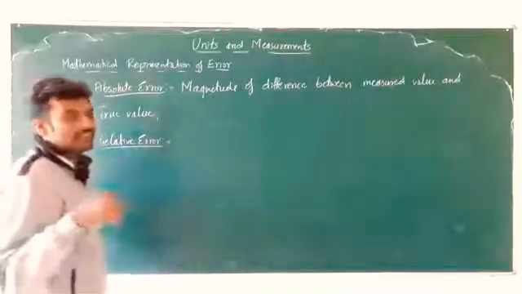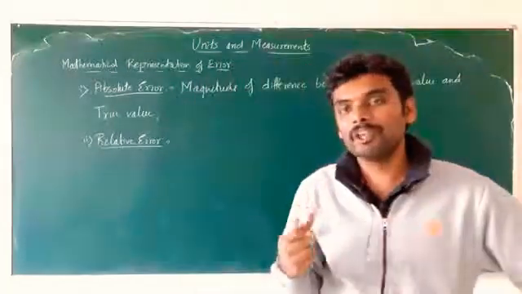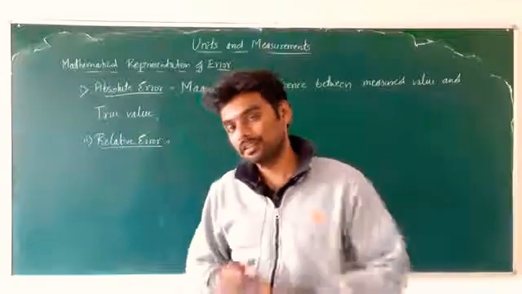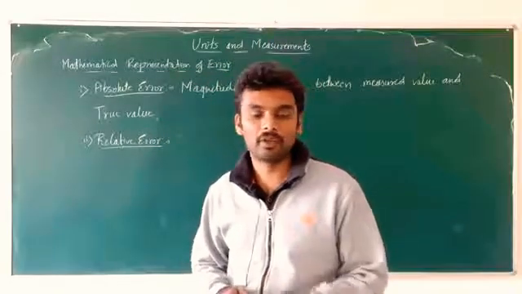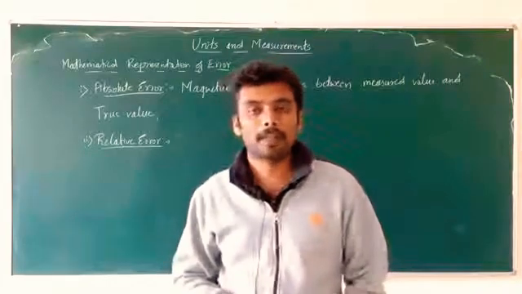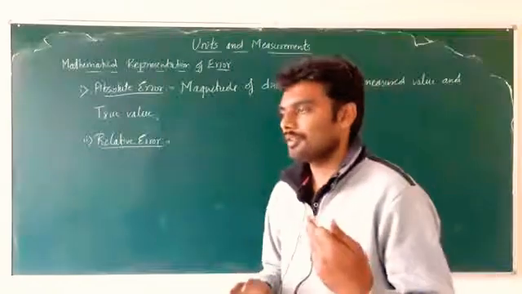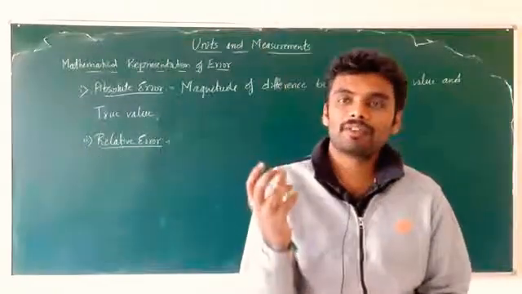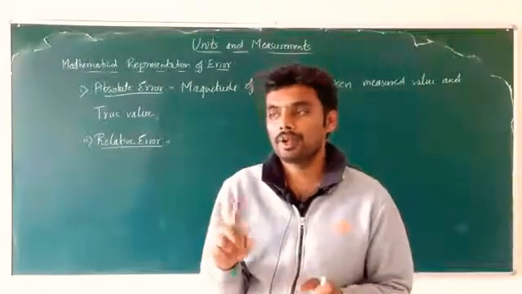See, when I say a certain reading has 0.1 meter error, or 0.1 centimeter error, a certain length measurement, or let me take weight itself. Why only length every time? Say I am measuring something which I don't know, but the error in the measurement of mass that I get, let the error be 1 gram.